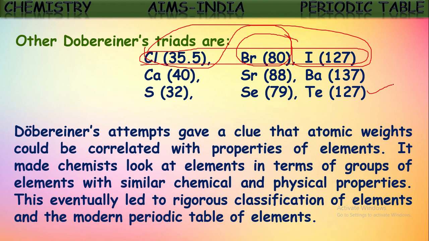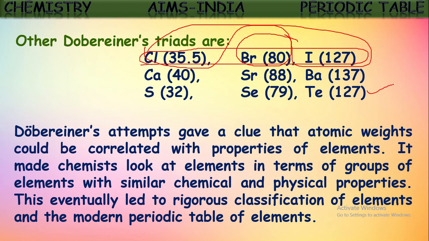Dobereiner's attempts gave a clue that atomic weights could be correlated with the properties of the elements. So for the first time, from Dobereiner's triads classification, scientists came to understand that atomic weights of the elements are correlated with their chemical properties. It made chemists look at elements in terms of groups of elements with similar chemical and physical properties.